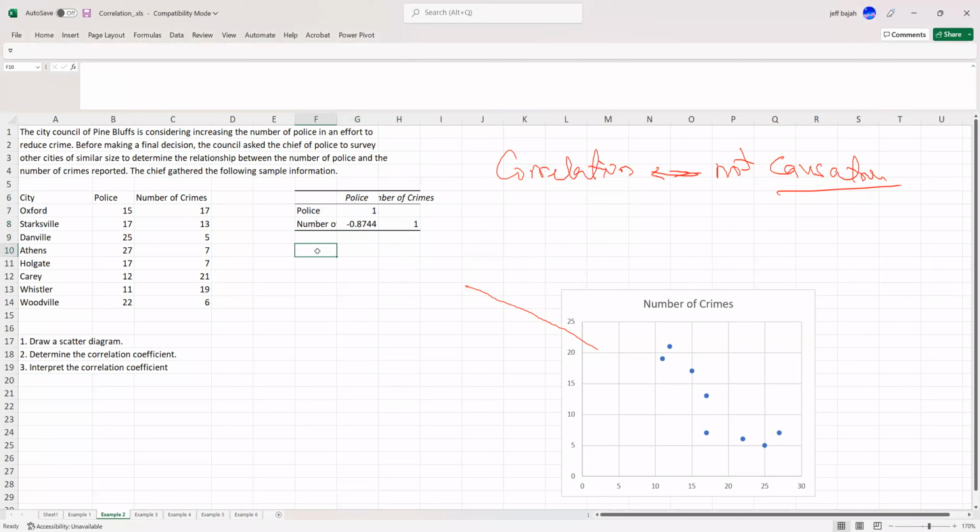So we can see that there is a very strong and negative relationship between the number of police officers and the number of crimes, right?